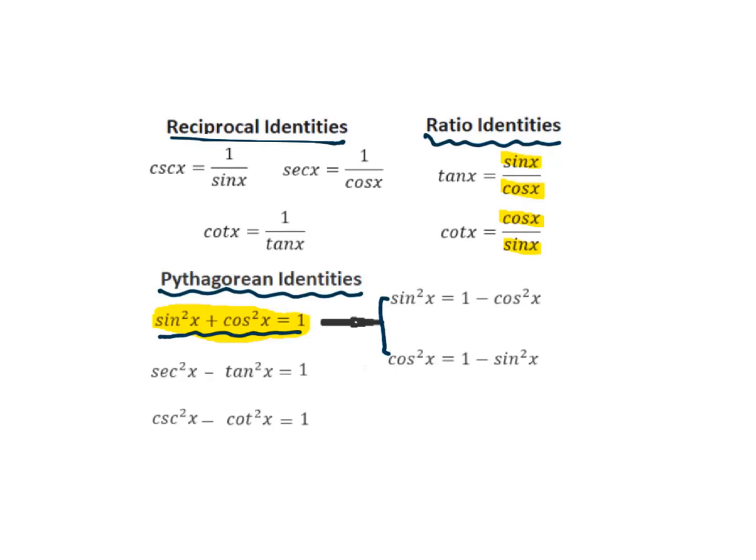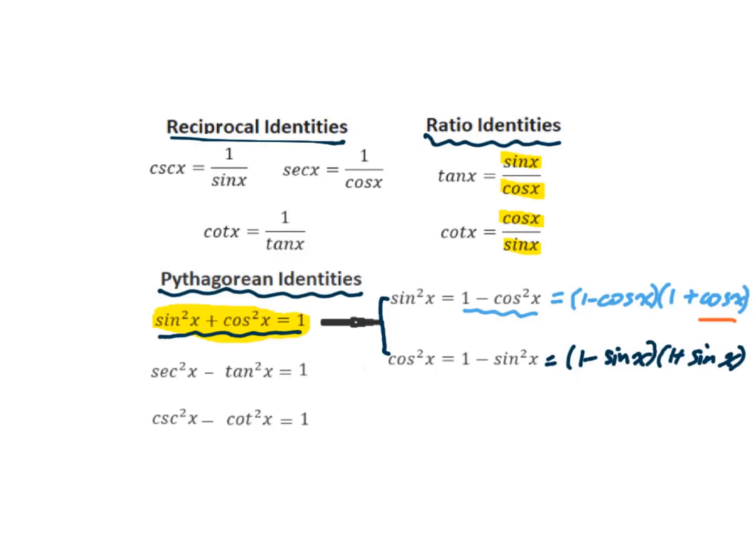We get sin square x equals 1 minus cosine square x. We can factor this into 1 minus cosine x times 1 plus cosine x. For cosine square x equals 1 minus sin square x, we can factor into 1 minus sin x times 1 plus sin x.